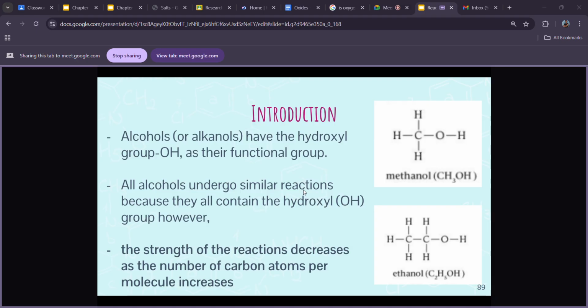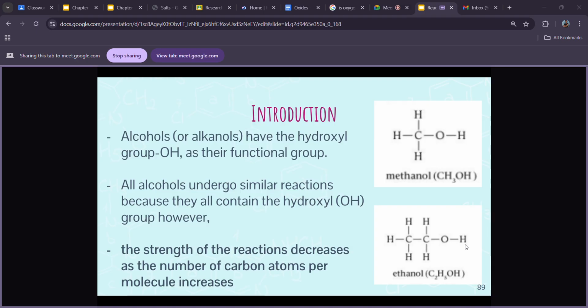Alright, so the main reason is because once you're adding more carbons, the carbon and hydrogen bond, the hydrocarbon is very nonpolar, and the more carbons you add to the molecule, the more nonpolar the molecule is, and the less likely it is to even give up its proton, this hydrogen here, or the less likely it will be dissolved in water.